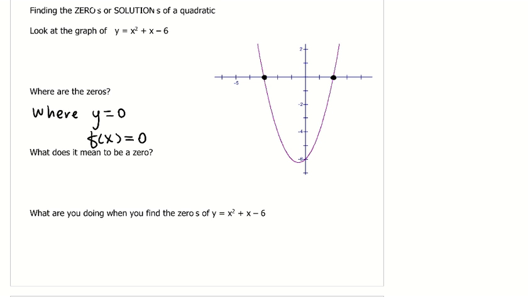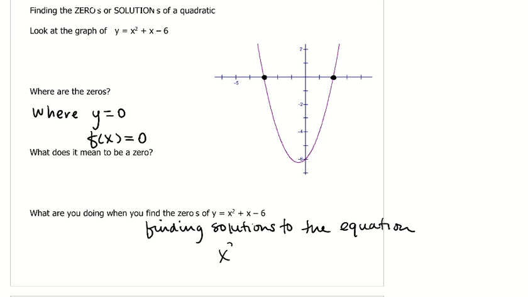We are finding where x squared plus x minus 6 equals 0. So you're finding solutions to the equation x squared plus x minus 6 equals 0, because we need y equals 0 and y equals x squared plus x minus 6. Therefore, we need to find where x squared plus x minus 6 equals 0.